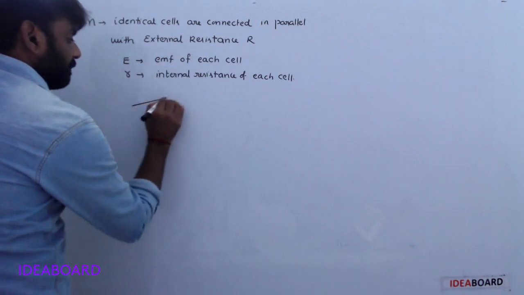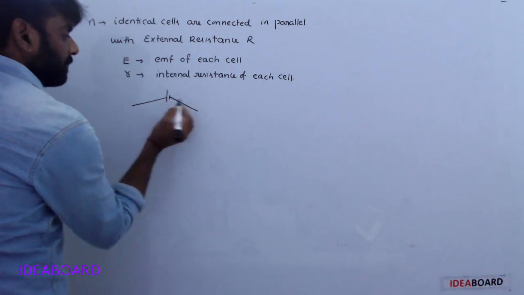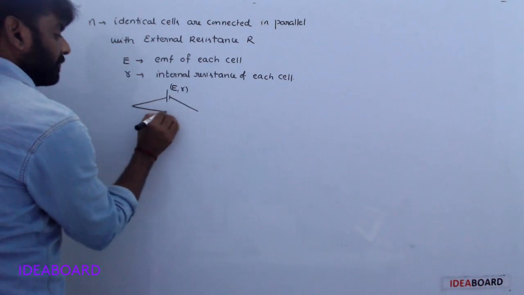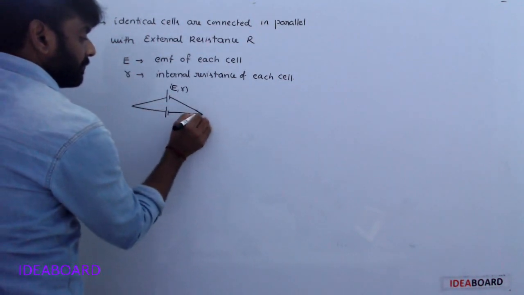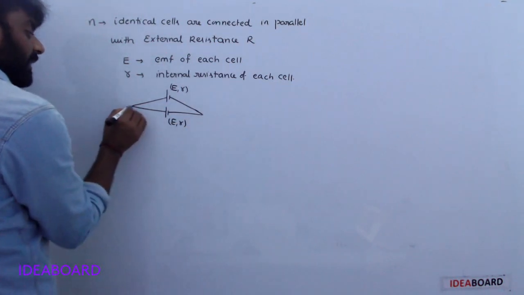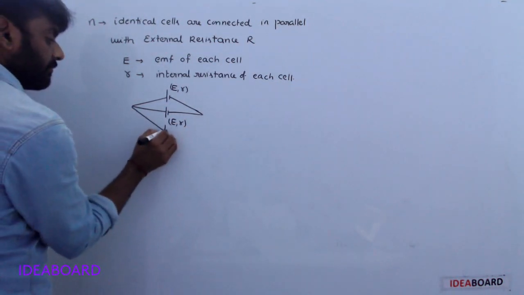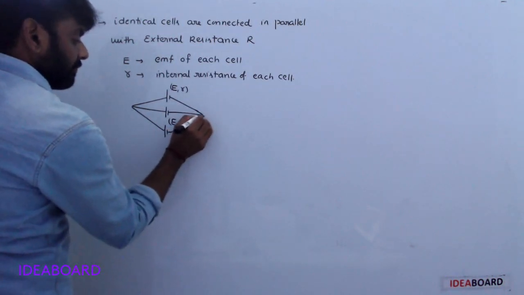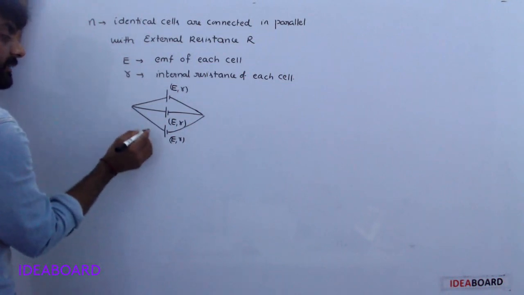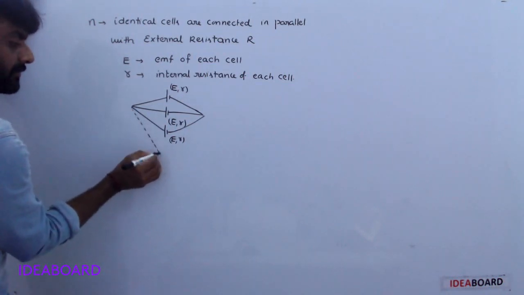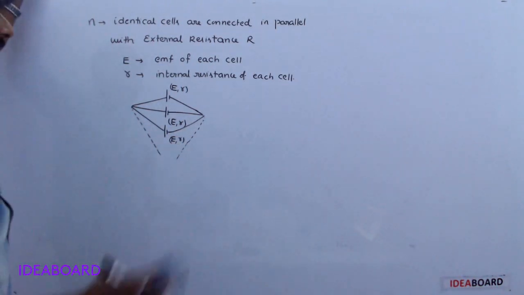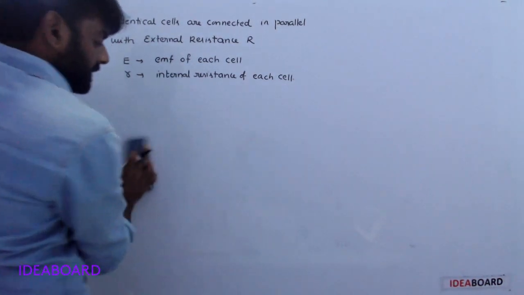All are connected in parallel, each with EMF E and internal resistance r, like N cells.